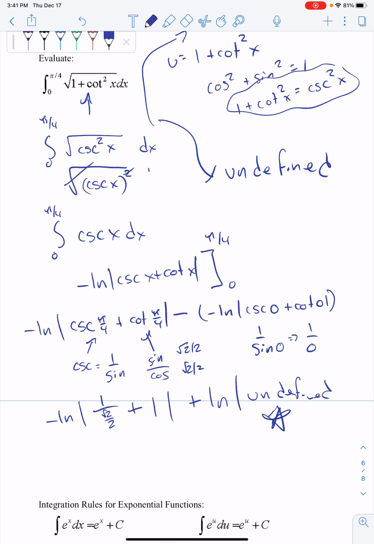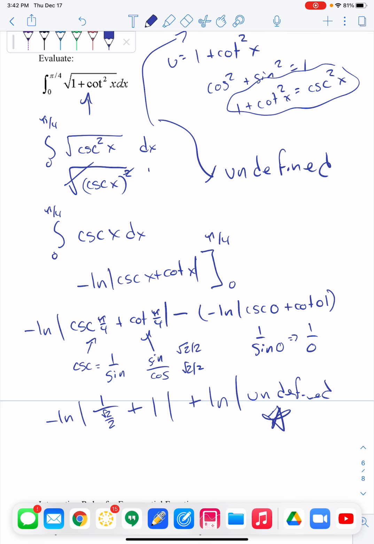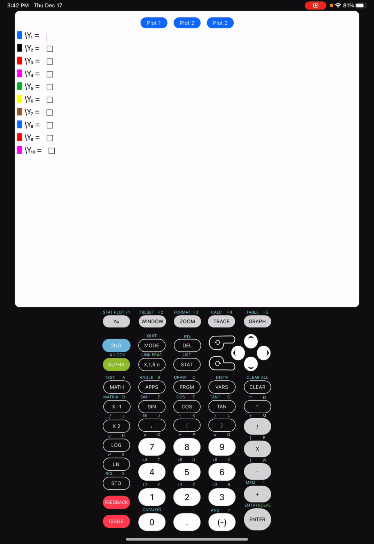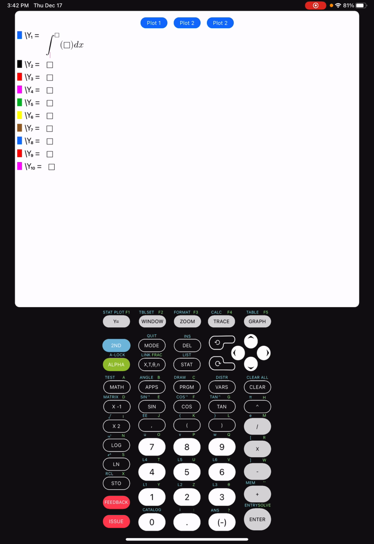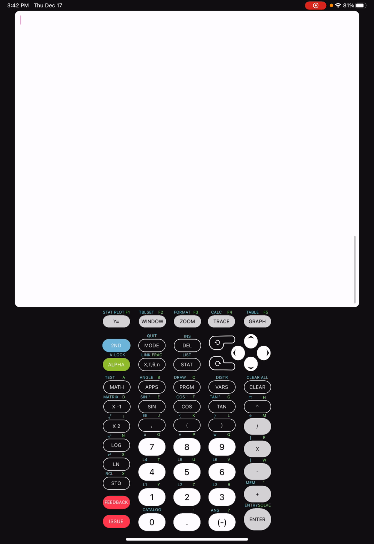So let's double check and make sure on our calculator. If I were to get something like that, I would want to make sure that I didn't make an error doing my math. Let's go math integral. I want to check this on my calculator. I'm going from 0 to pi fourths.